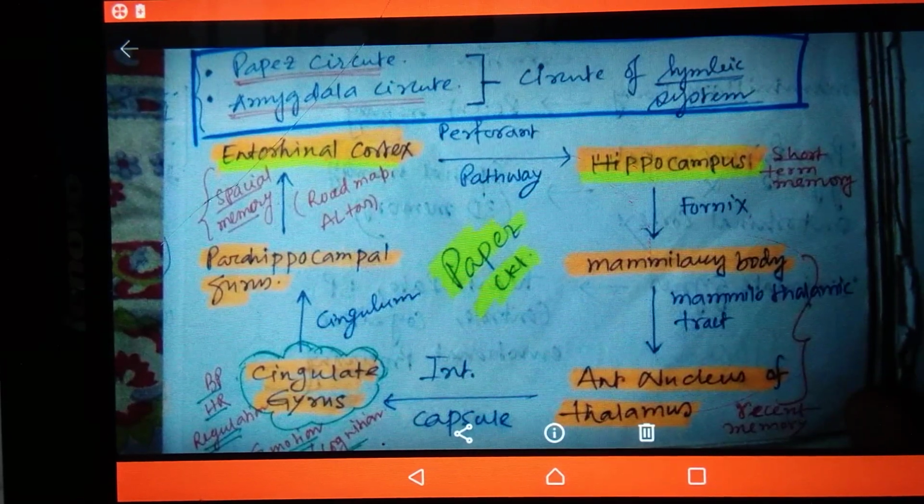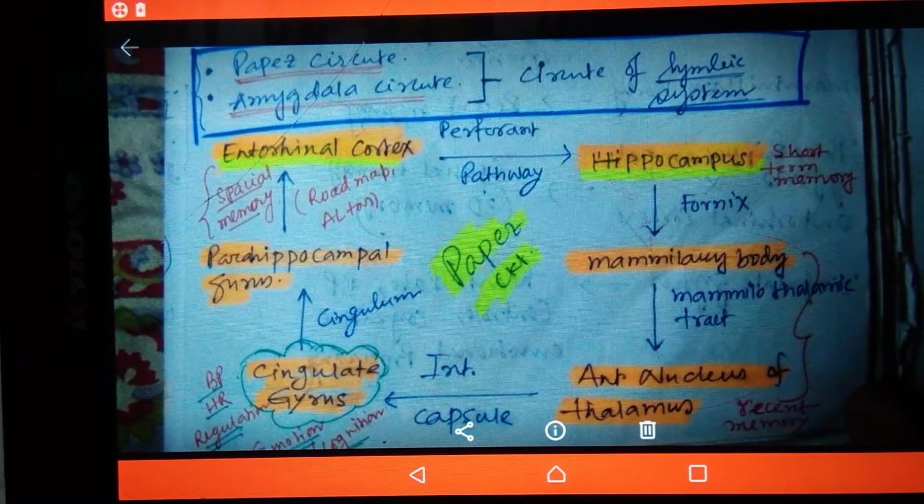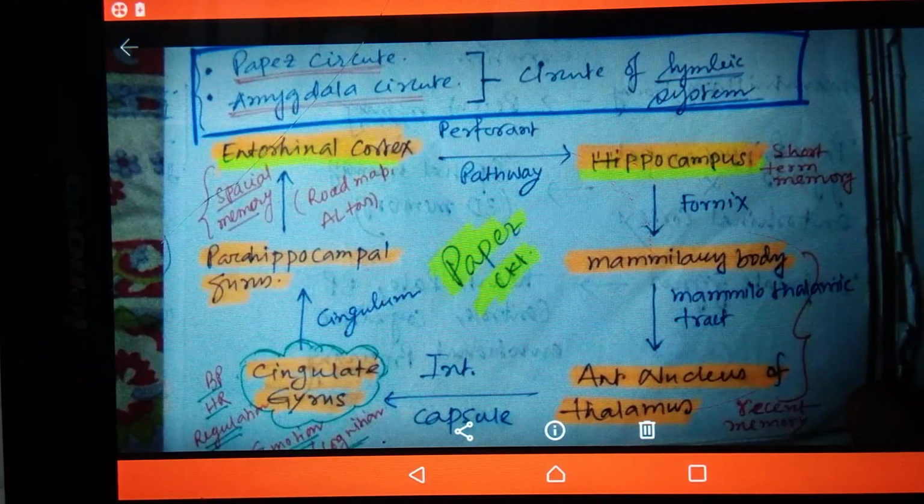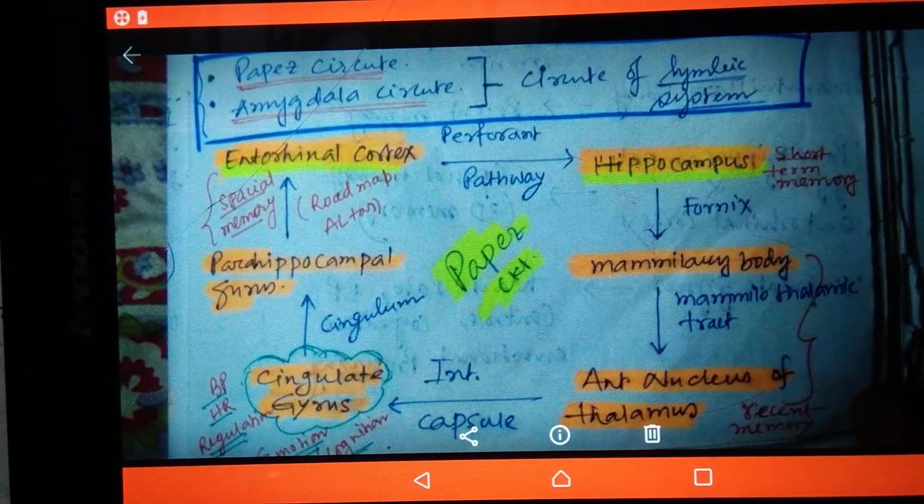Why? Due to the amygdaloid circuit. One detail I want to add here: during recall of our old memory, which is closely related with emotion, a theta wave is generated from the amygdala and hippocampus.